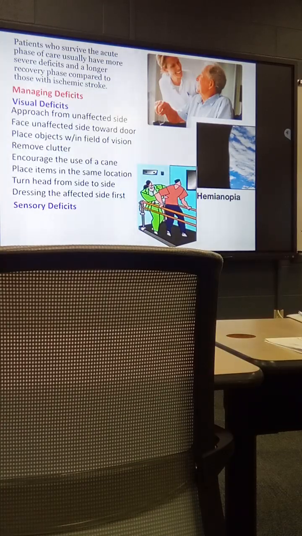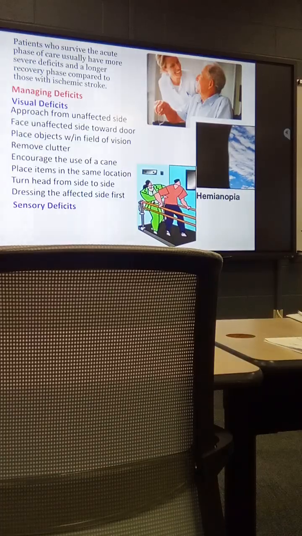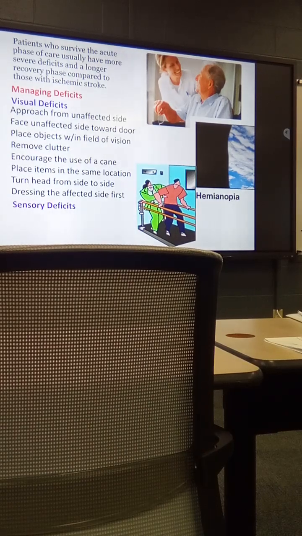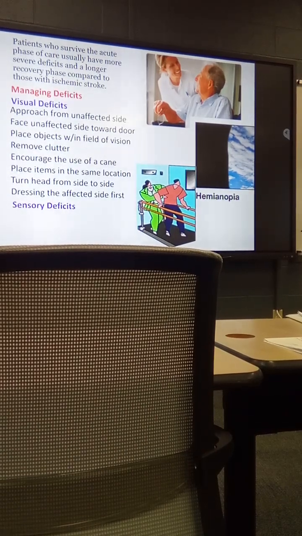So managing deficits, visually: they have visual impairment. Maybe they only have half of their visual field. So you want to teach them to scan, looking back and forth. We don't want them bumping into doors or tripping over things. Safety: have them scan the area and approach them from the unaffected side.